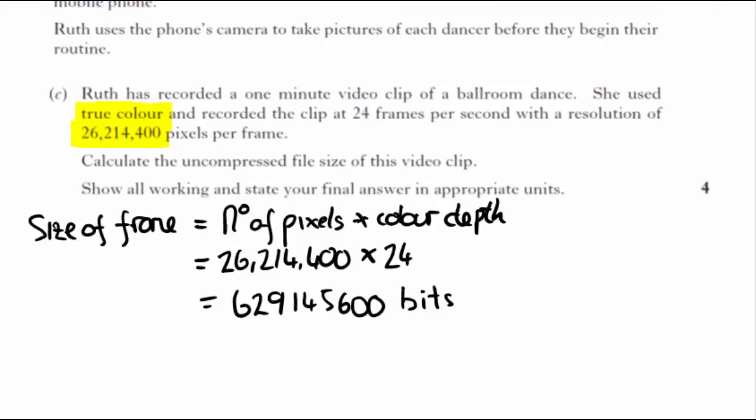Now, what we're after is to work out the size of the video clip. So we know that there are 24 frames per second, and we also know it's 1 minute. So you want to make sure that your duration is in seconds, and this is your frame rate.